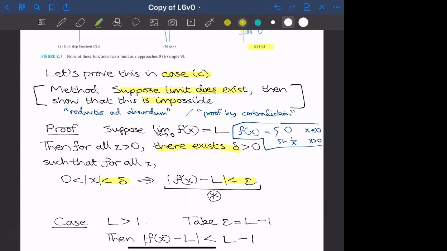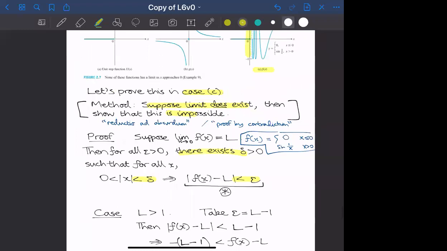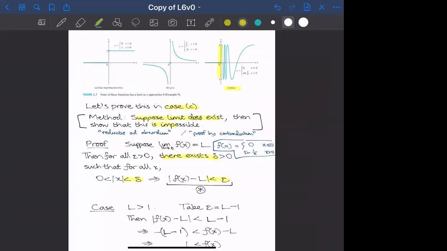So we divide this into cases. So for instance, the case L is greater than 1. So say the limit was up here, 1.5, something like that. Well, that's sort of obviously impossible. But let's make the precise argument. Why do I say it's obvious?